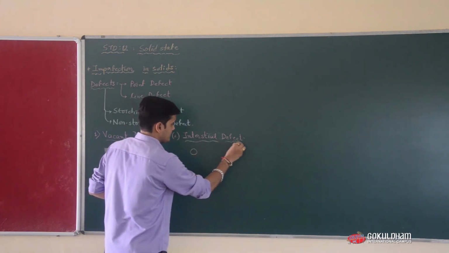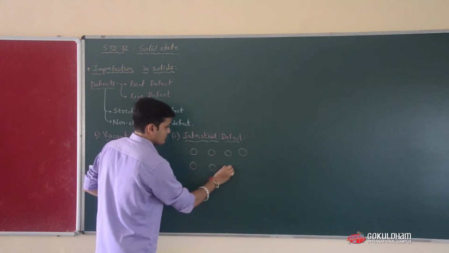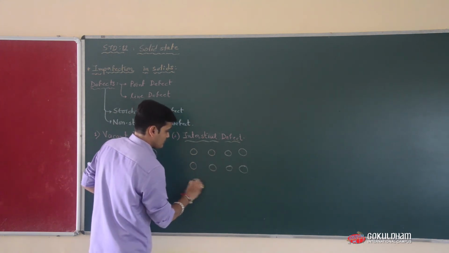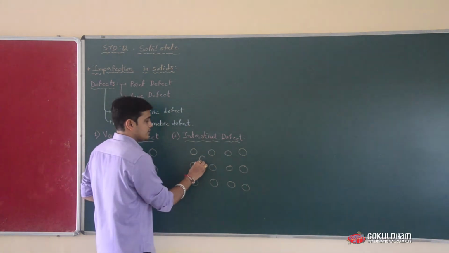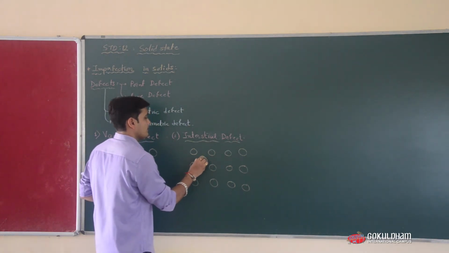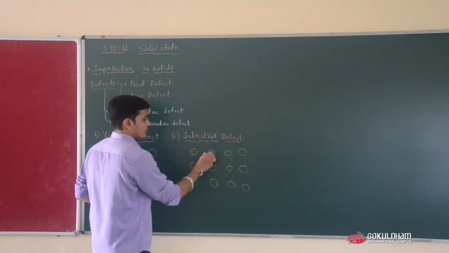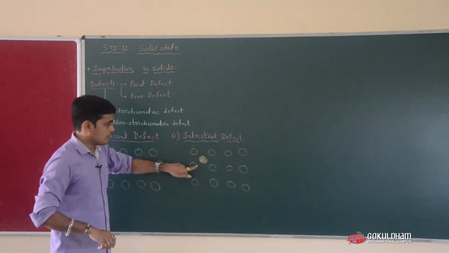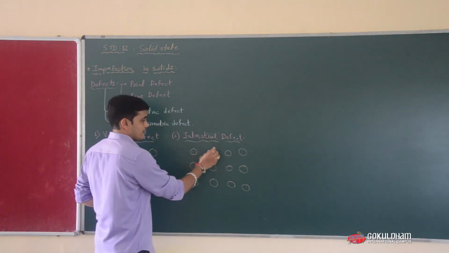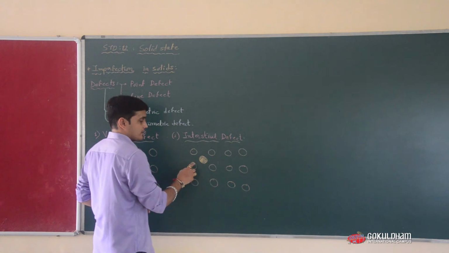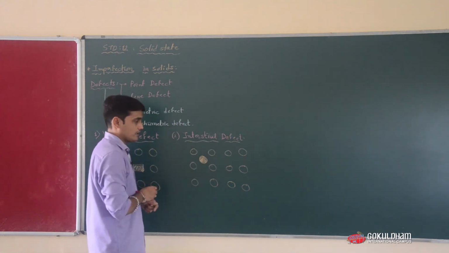In interstitial defect, another molecule is situated in between the regular molecules, which are arranged in a uniform pattern. This is going to increase the density of the normal crystal because this particle is in an inappropriate location.